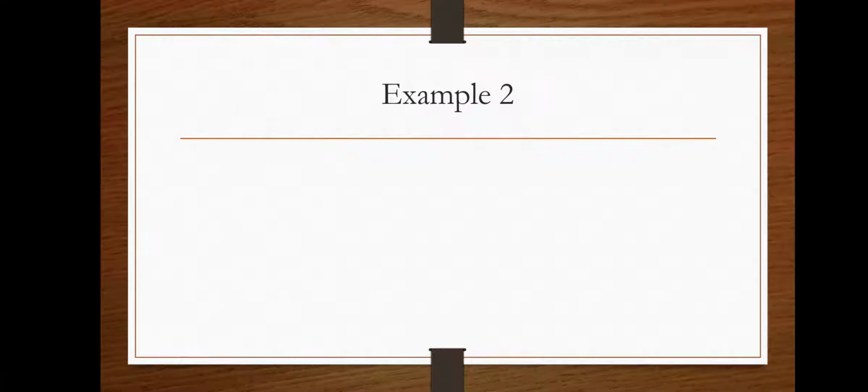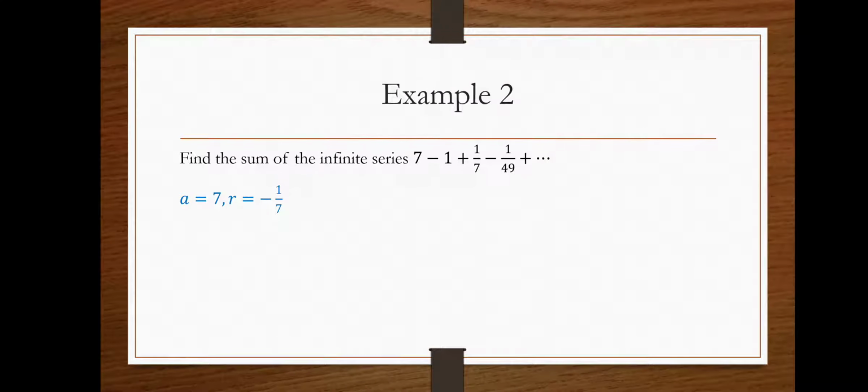Number 2. Find the sum of the infinite series 7 minus 1 plus 1 by 7 minus 1 by 49 and so on. So the first term here is 7, the common ratio is minus 1 by 7, and that's all you require, because as it is an infinite series, you don't need the value of n.